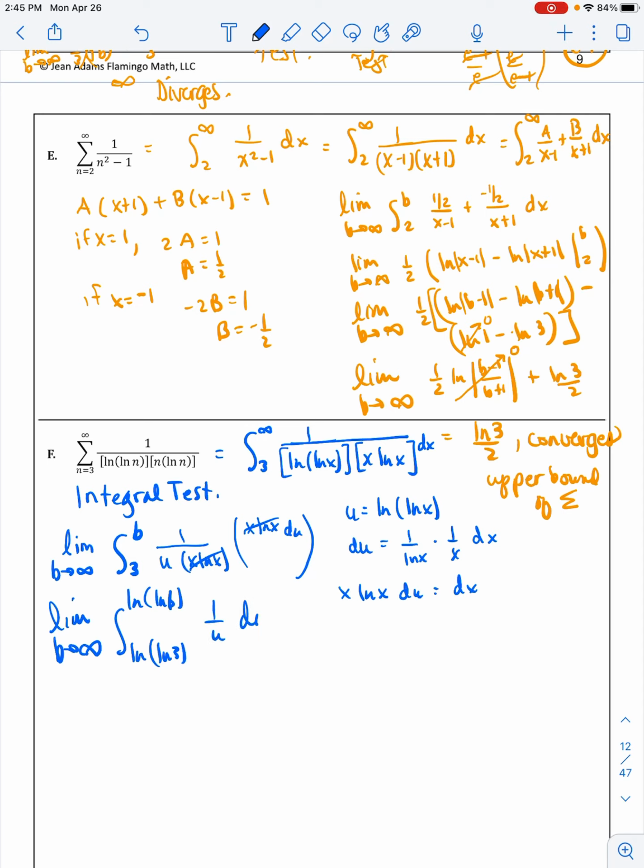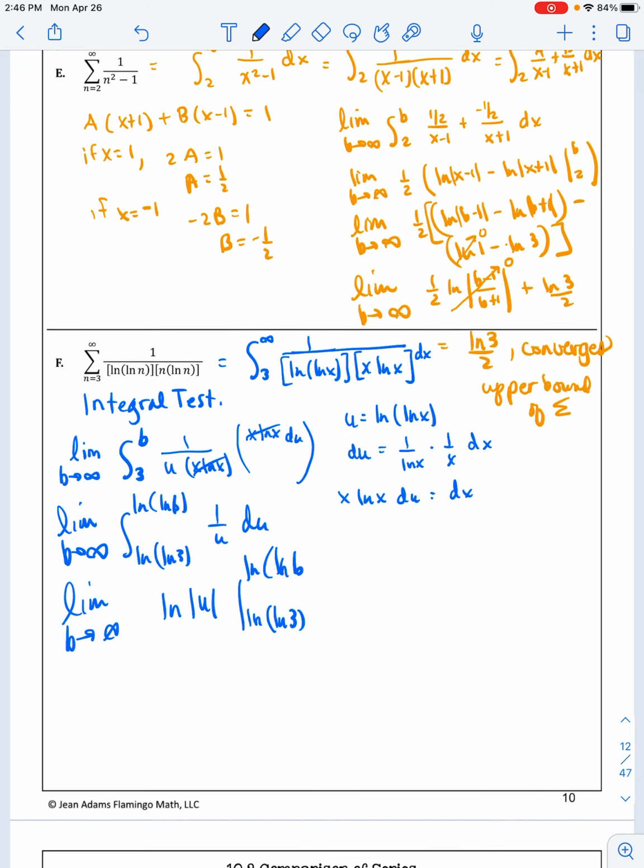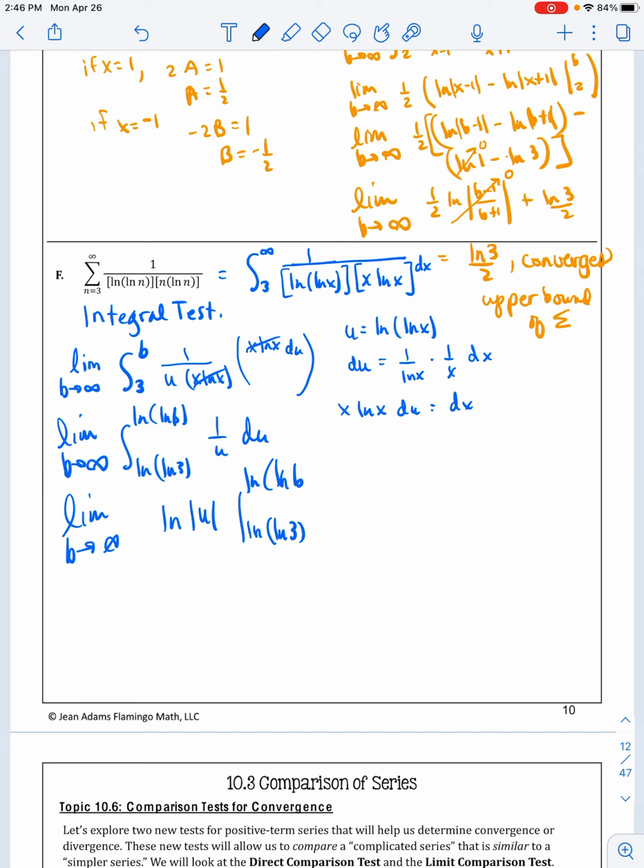Now, this would be ln of ln 3, and this would be ln of ln b, of 1 over u du. And that's ln of the absolute value of u from ln 3 to ln b.